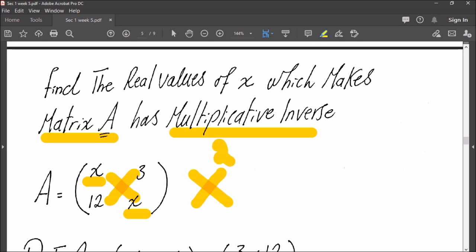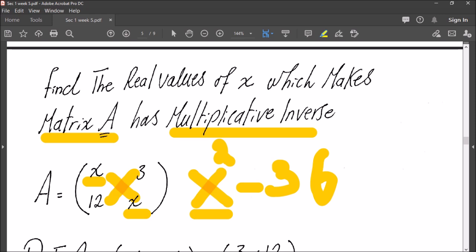3 multiplied by 12 is 36. I need to find the values of x that don't make the determinant equal to 0. In that case, matrix A will have a multiplicative inverse.